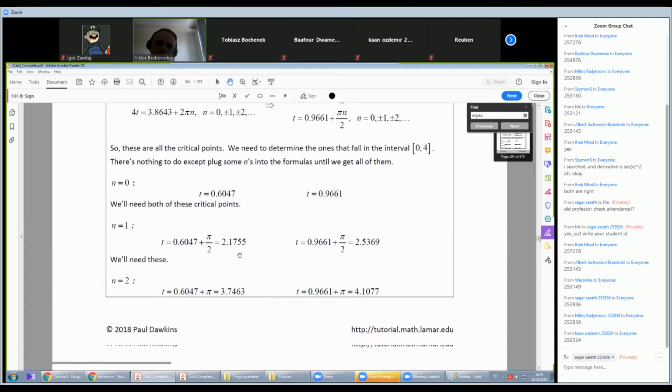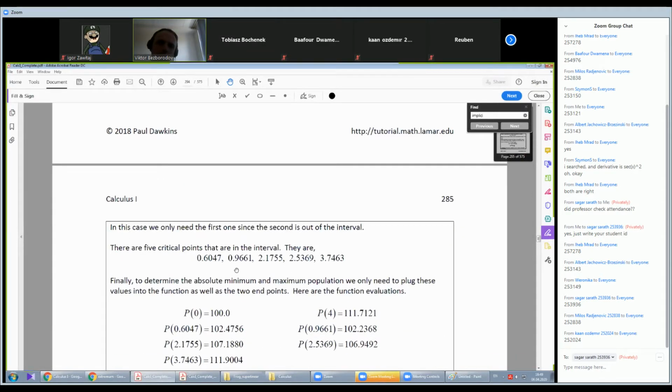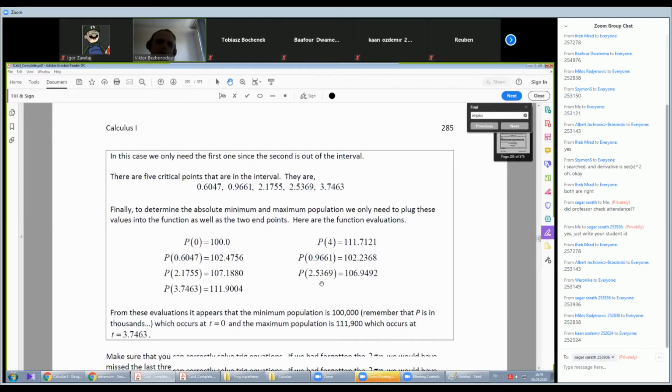Then they compute and find those 5 points, I believe. So this is 1, 2, 3, 4, and 5. Those are the points. Then you also evaluate for those points and the boundaries, and this is what you get.